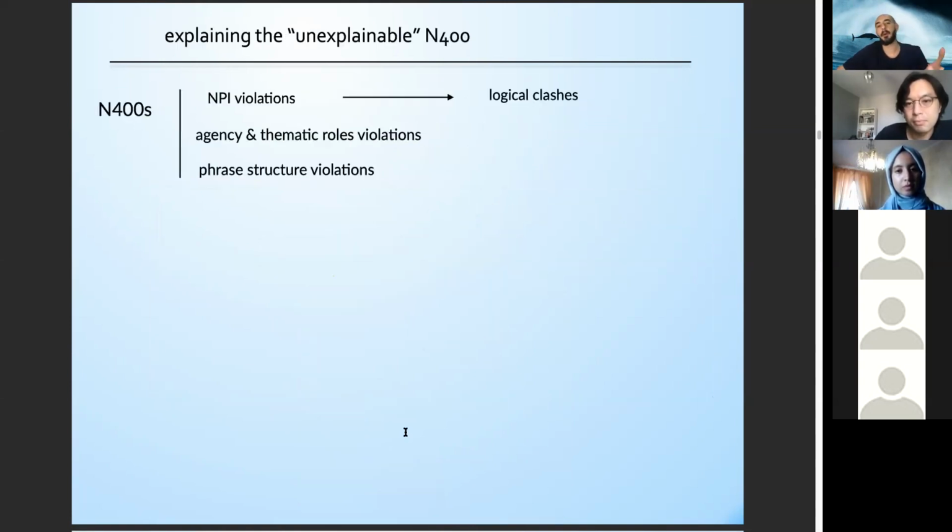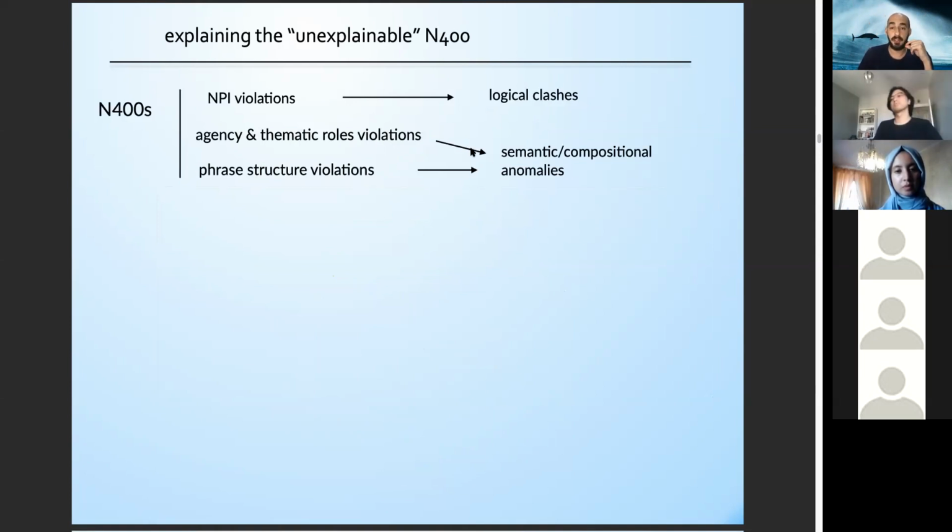So this could help in explaining the unexplainable in N400, just like I told you before, by saying NPI violations are logical clashes, whereas phrase structure violations and agency and thematic role violations result in semantic or positional anomalies which affect the N400 component.